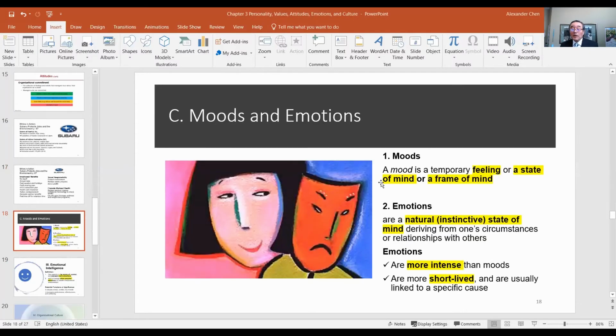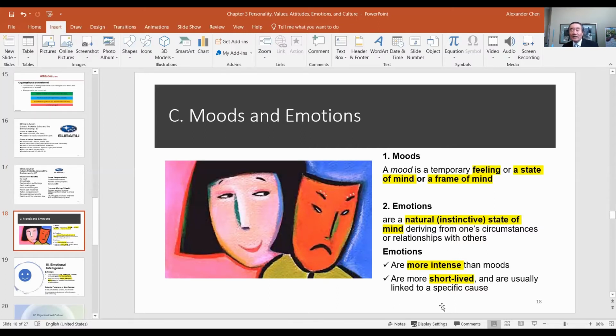So mood and emotion, both of them are kind of what? State of mind. But one is longer term, one is shorter term. Emotion is more intense and more short term. In the textbook, they give you some definitions about mood and emotion. You know it's a state of mind.